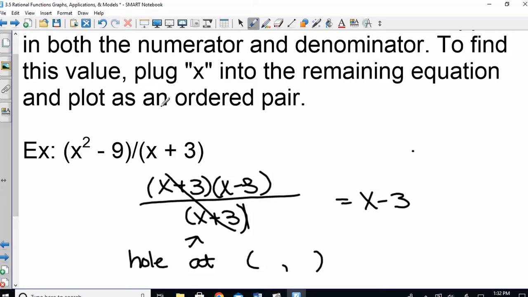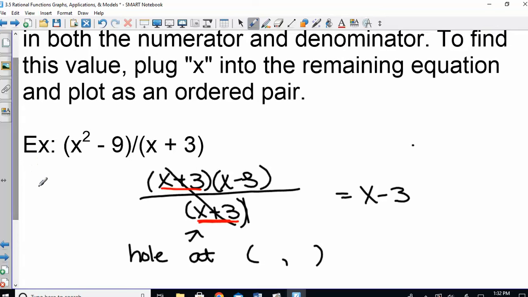So to find this, look at the thing that canceled, x plus 3. What makes x plus 3 equal 0? Negative 3. That's the x value. To find the y, you plug negative 3 into what's left.